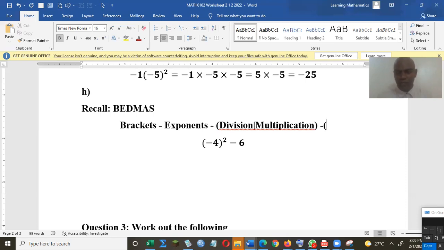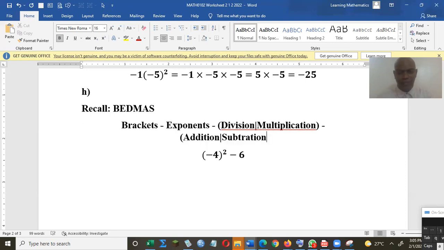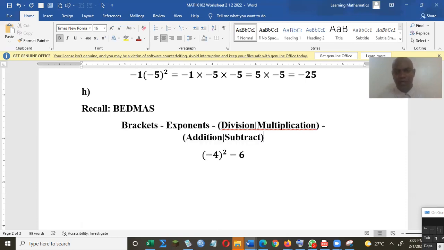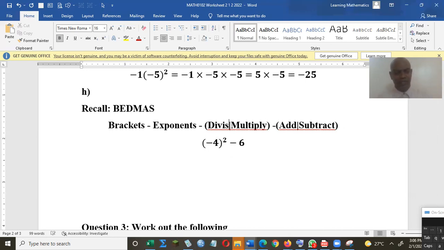Okay, so you can either do addition before subtraction, or you can do subtraction before addition. Okay. Right. So I can just change that to add, right, and change that to multiply, so that we can get everything on, and just change that to divide. Okay, so bear this in mind.